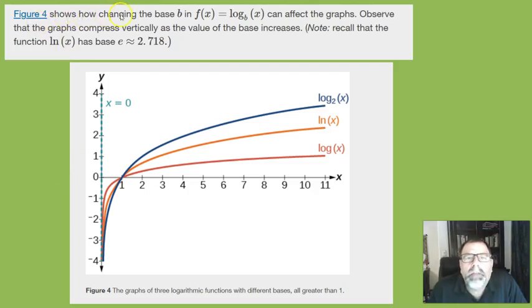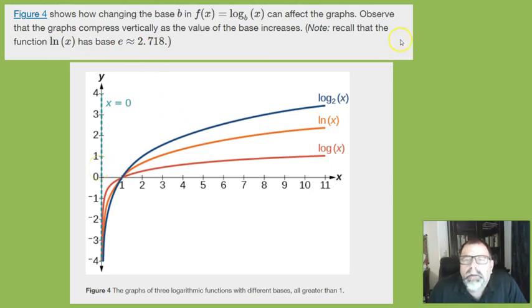Figure 4 shows how changing the base b in f of x equals log base b of x can affect the graphs. Observe the graphs compress vertically as the value of the base increases. By the way, this is ln of x, the natural log of x. It's base e, which is about 2.718.